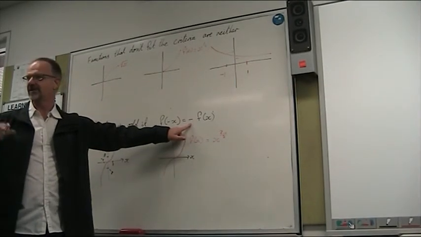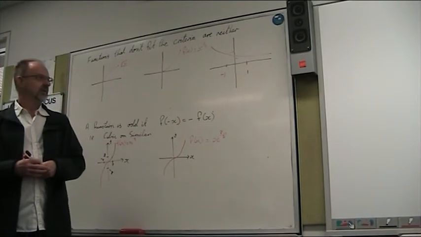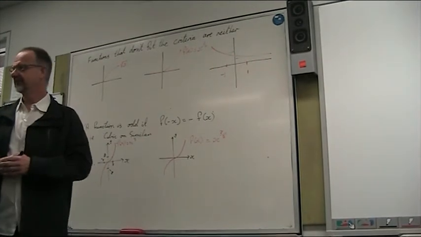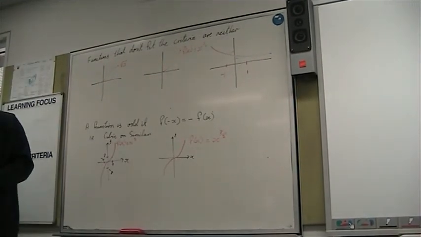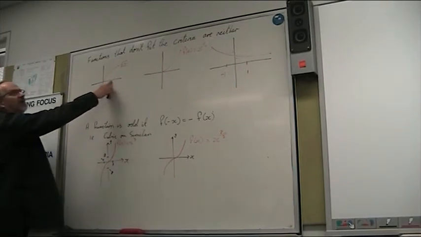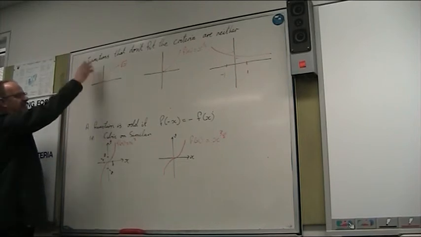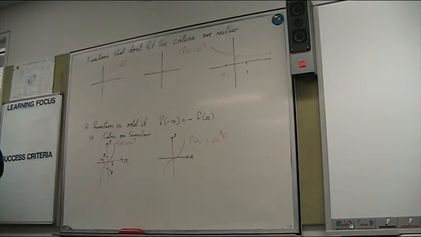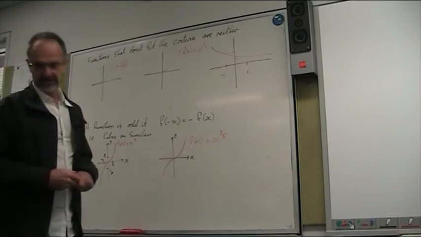If we get the same size but one's negative, then they're odd. And if they're different, they're neither. And so there's going to be many, many more functions that are neither. For these ones here, if I go x equals 2, x equals minus 2, well, there's nothing there to compare. Right, anything else? Okay, that's 7A then.